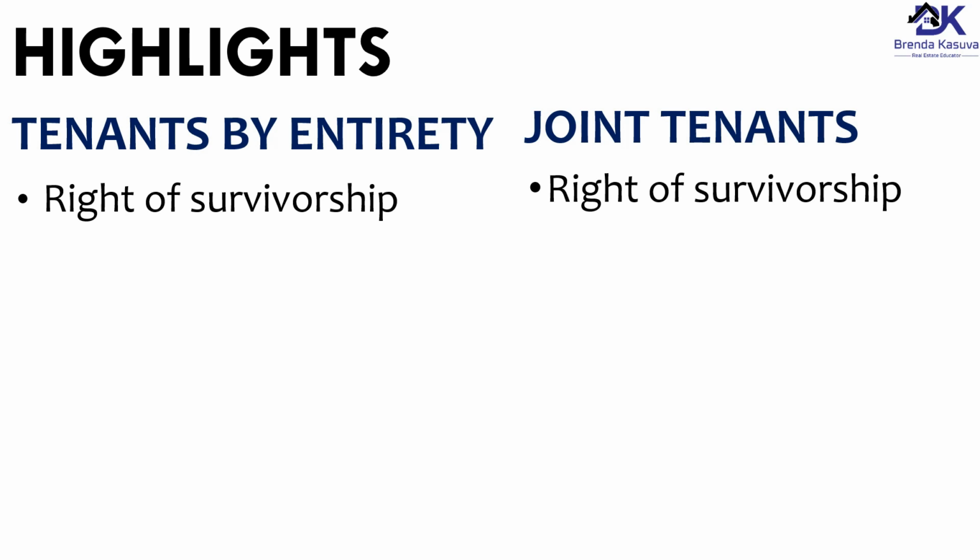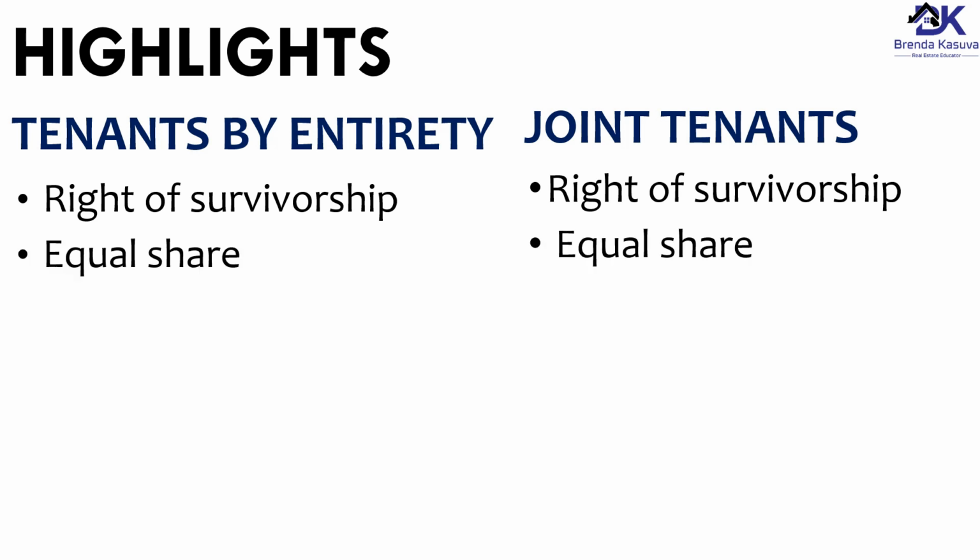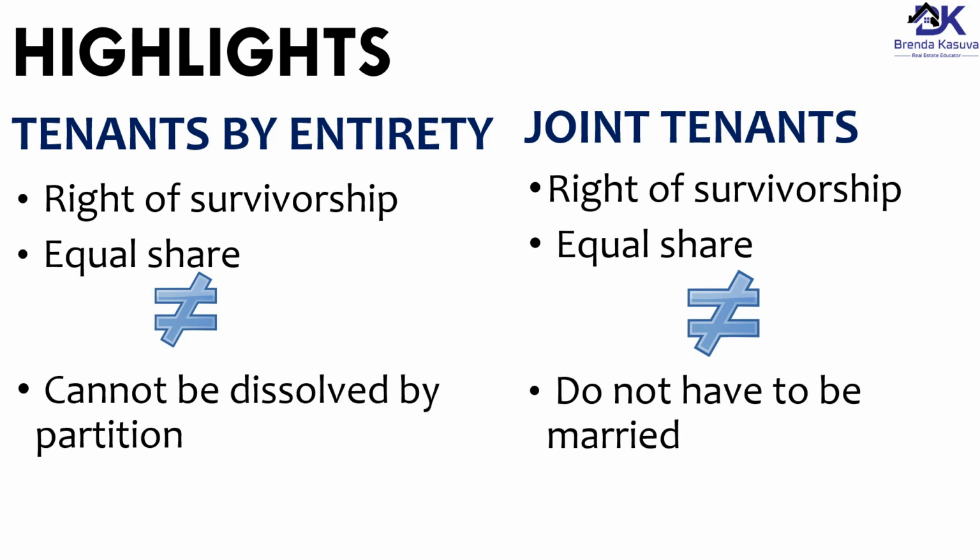What are the similarities between the two? Tenants by the entirety and joint tenancy. They seem similar, right? So we have right of survivorship on both sides. It is equal share on both sides. What is different is tenants by the entirety cannot be dissolved by petition.